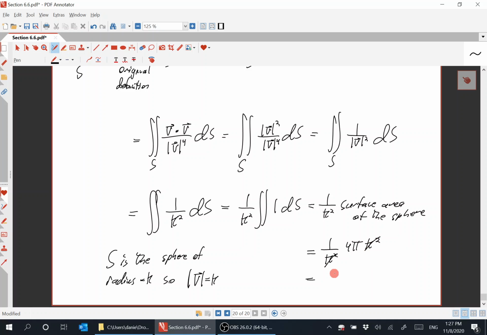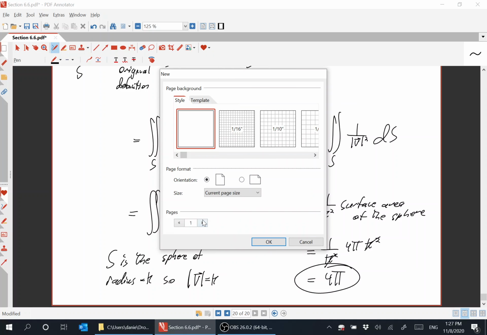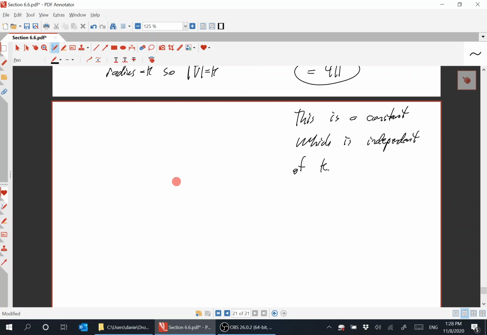But anyway, the k's cancel and you get 4 pi. Whoa, a constant independent of k.